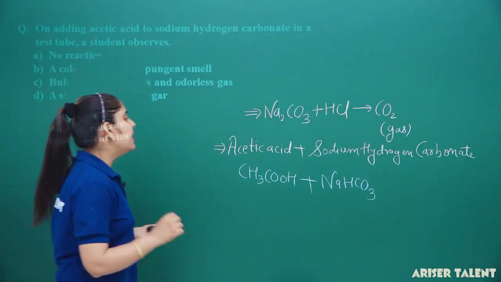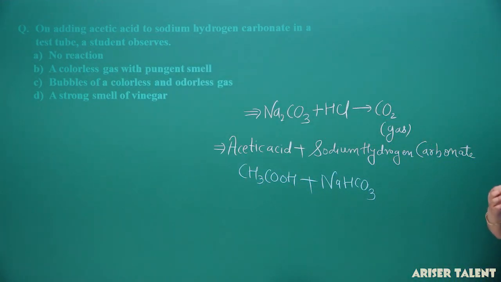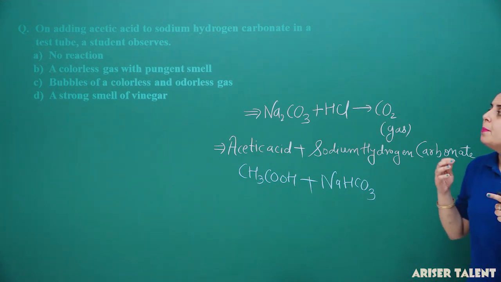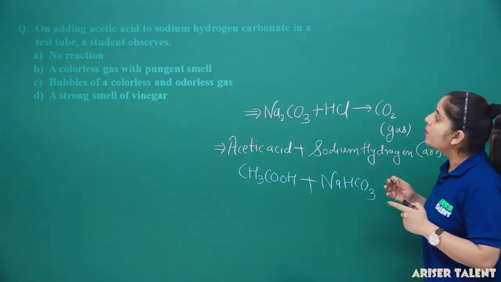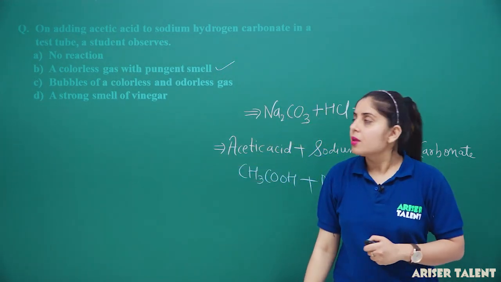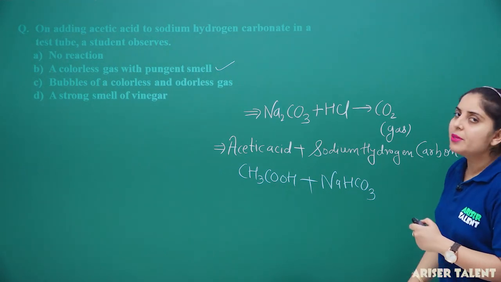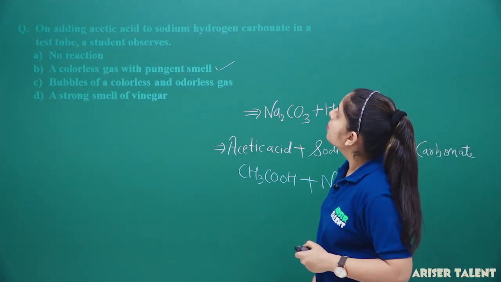Now we can see that after reacting both the compounds, bubbles of colorless gas with a pungent smell will be evolved from the reaction. So the correct answer will be option number C. I hope this question has been clear to you. Now we are proceeding to our next question.